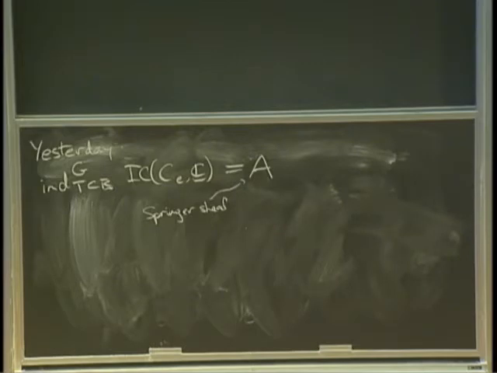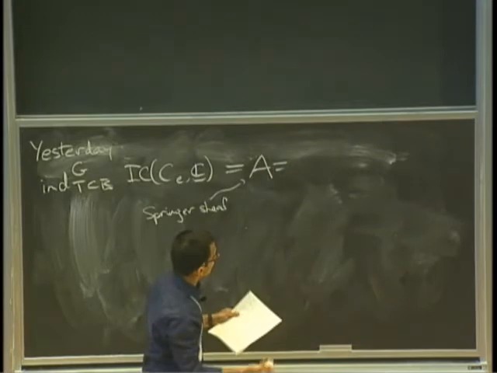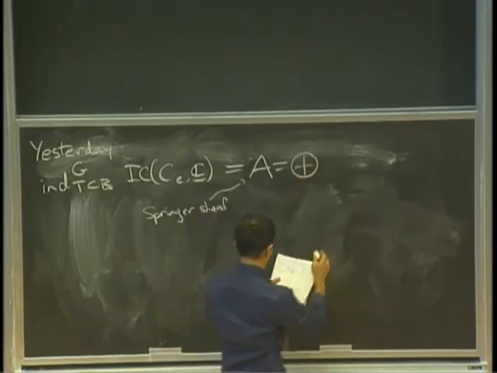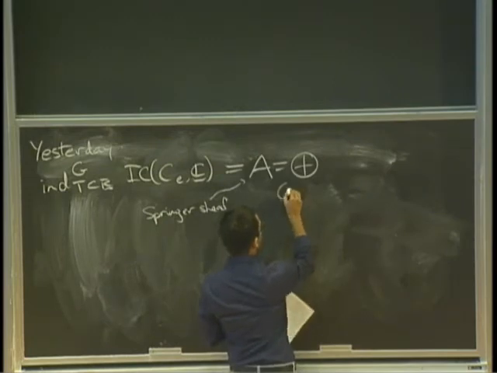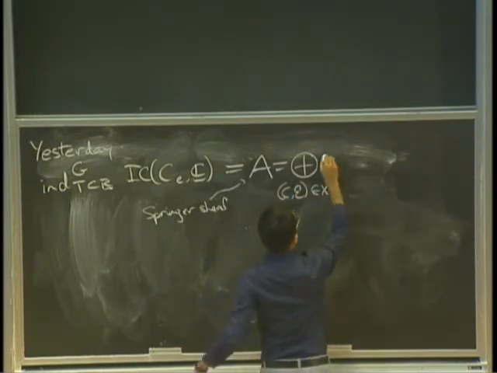In the special case where you take the torus and the Borel, this variety up here is just exactly what I called U tilde yesterday. Let me just remind you what the main fact from yesterday's talk was. You decompose the Springer sheaf with the sum over xg.